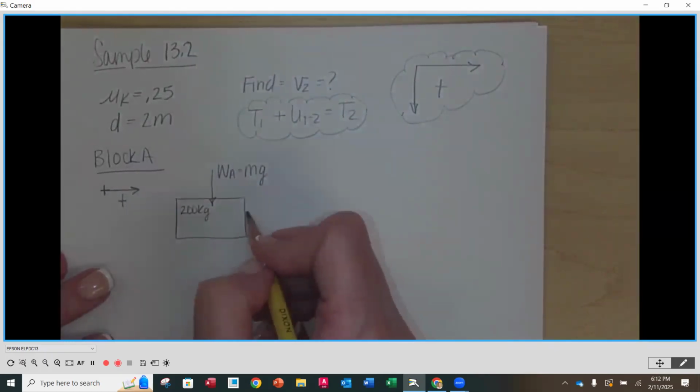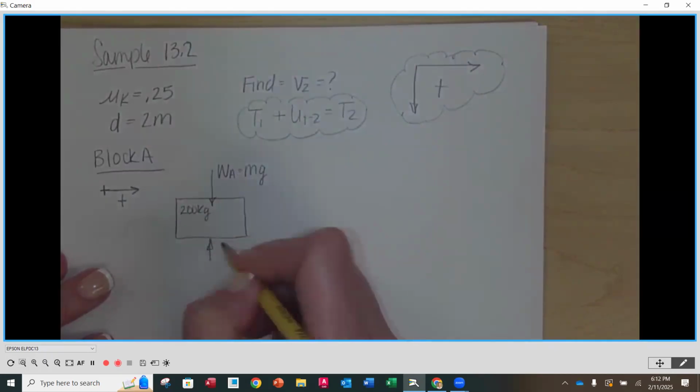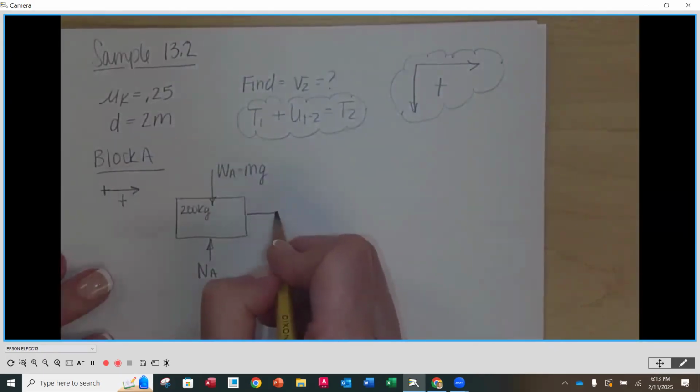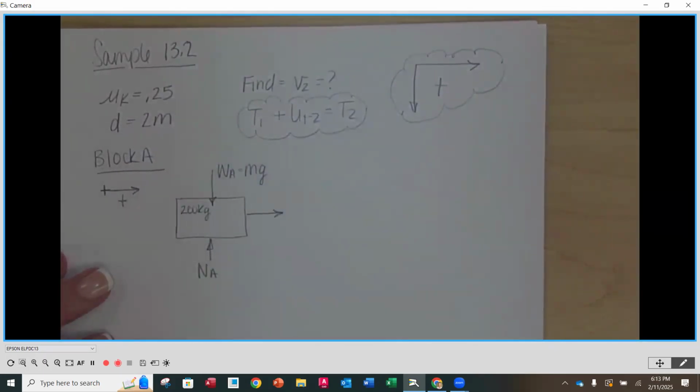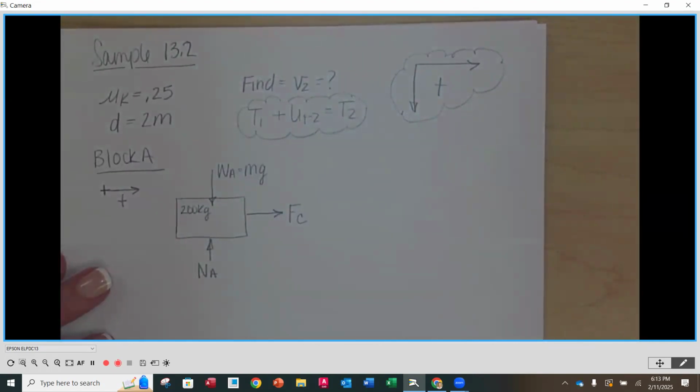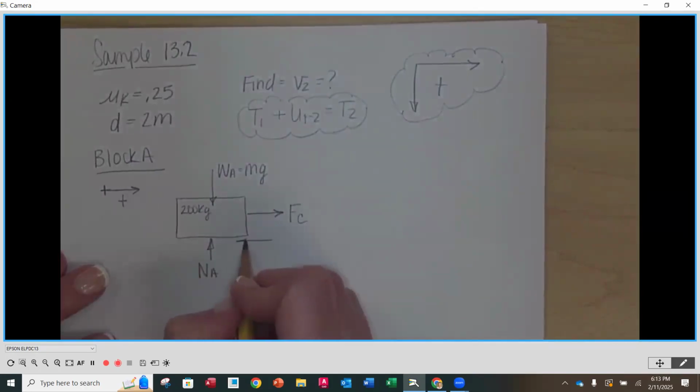It's going to have a normal force here, normal force at A. Now there is that cable that is connected to it, and that's a force that would be pulling it to the right. And we're going to call that FC. That's going to be the force in the cable. And then this block also experiences, going in the opposite direction of the motion, a friction force.